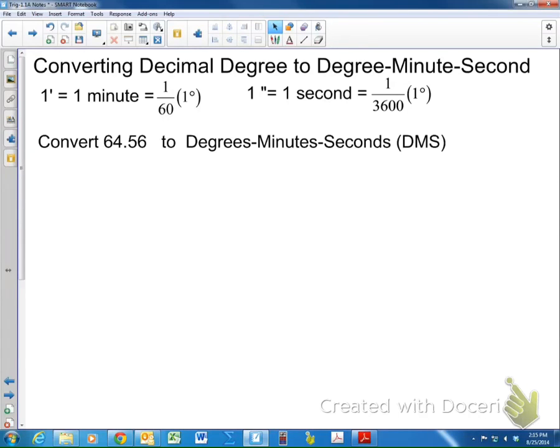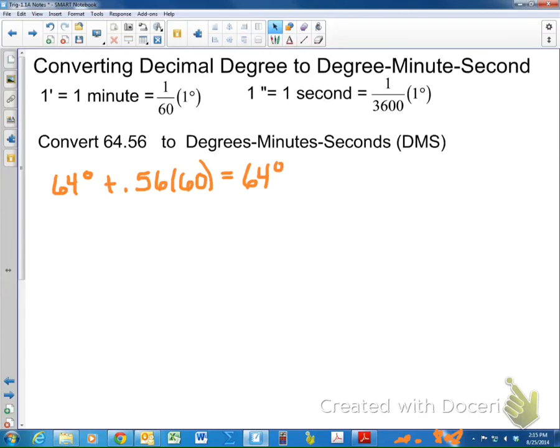When we convert 64.56 degrees to degrees, minutes, seconds, you're going to see it as DMS. We're going to actually use this process right here. So you're going to start by writing 64 plus 0.56 times 60, because there's 60 minutes in 1 degree.